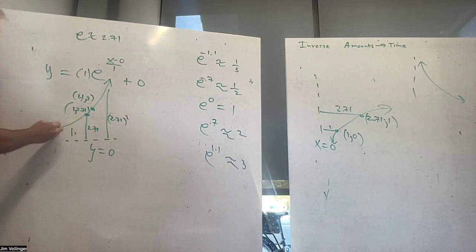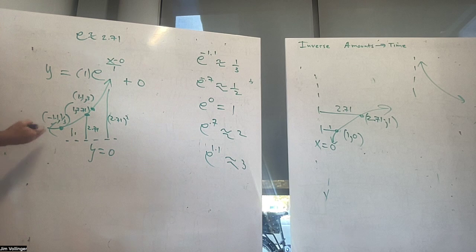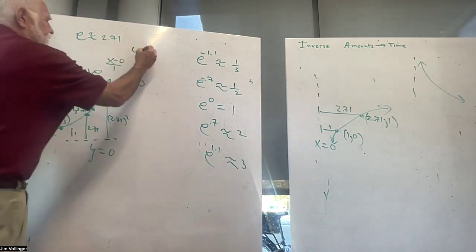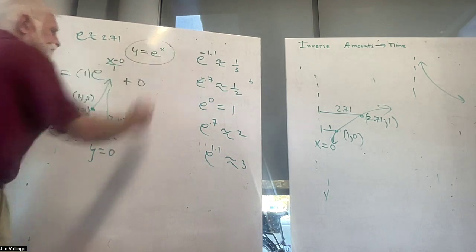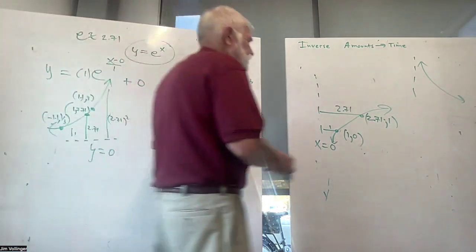And over here, does it seem like negative 1.1 gives us the reciprocal of 3, 1/3? Okay, you've got to start getting a feel for these numbers, or you're not going to have a feel for this function.